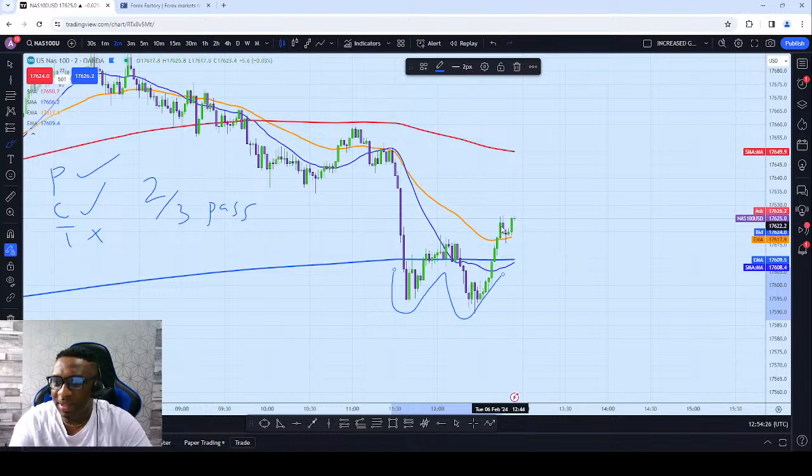I think price has taken out the last candle. So if we have a test here, price is above the moving average currently. If we want to take a position, price is above the moving average. And if we look at C, the dominant color here is green.